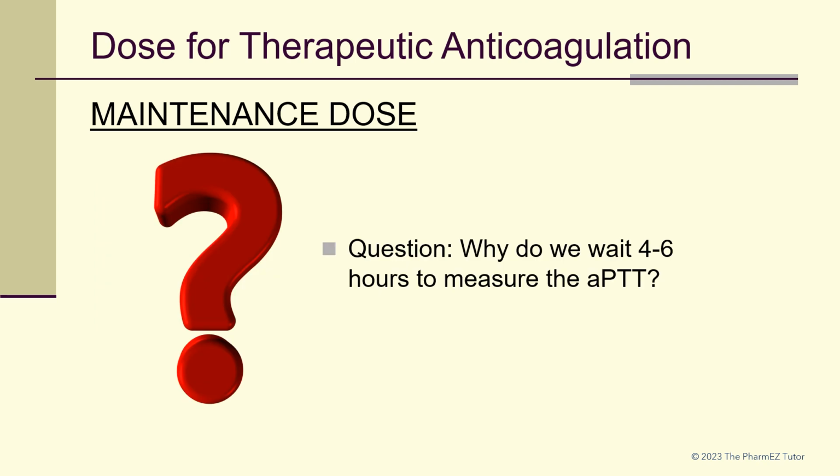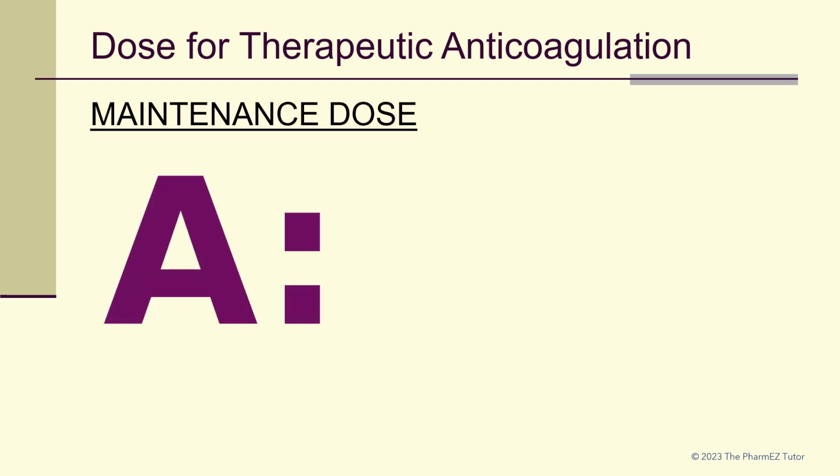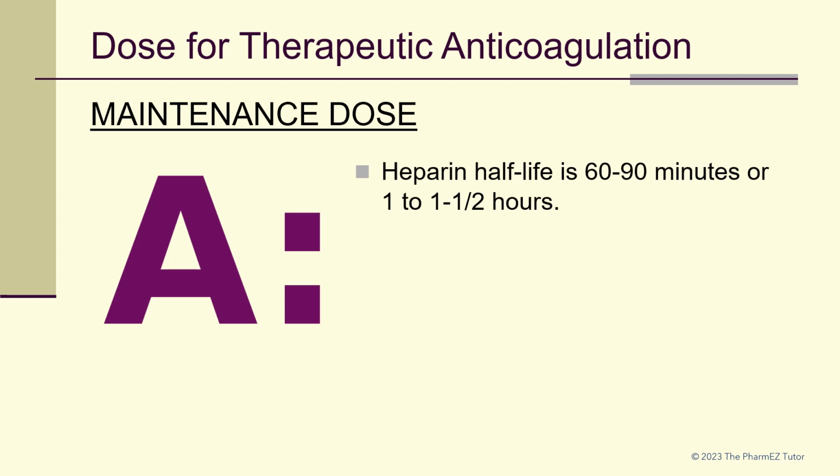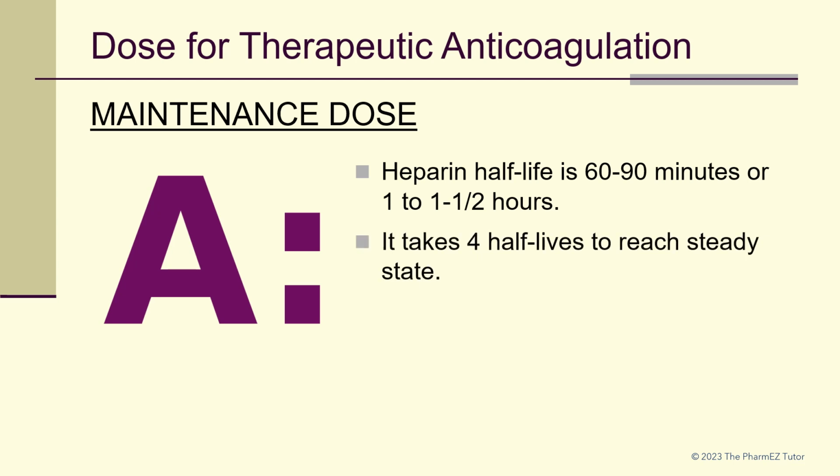Here's a question. Why do we wait 4 to 6 hours to measure the aPTT? Here's the answer. Heparin half-life is 60 to 90 minutes, or 1 to 1.5 hours. It takes 4 half-lives to reach steady state.